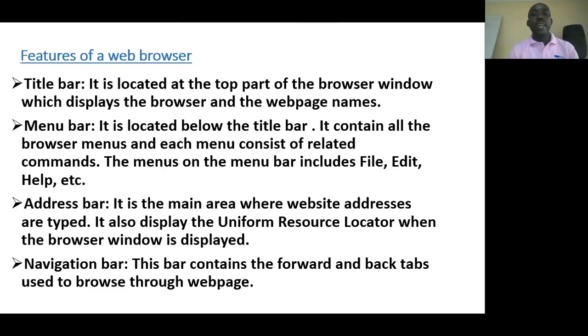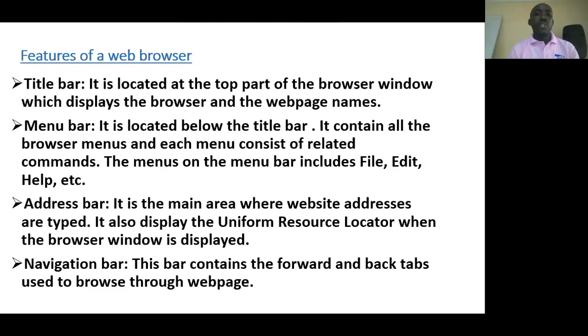It is located below the title bar. It contains all the browser menus, and each menu consists of related commands. The menus on the menu bar include File, Edit, Help, and many more.